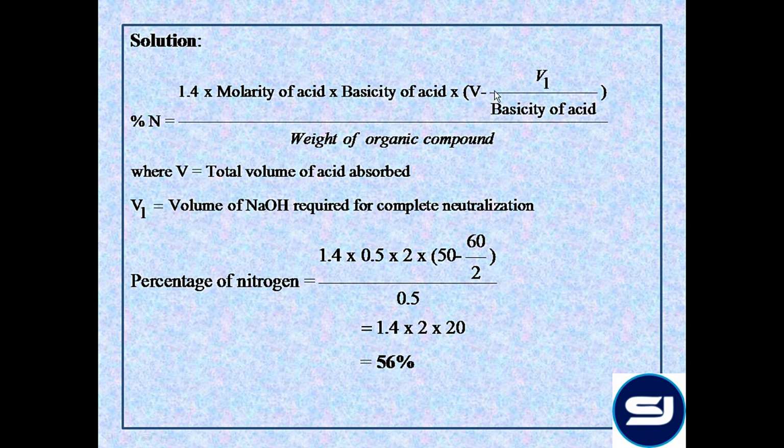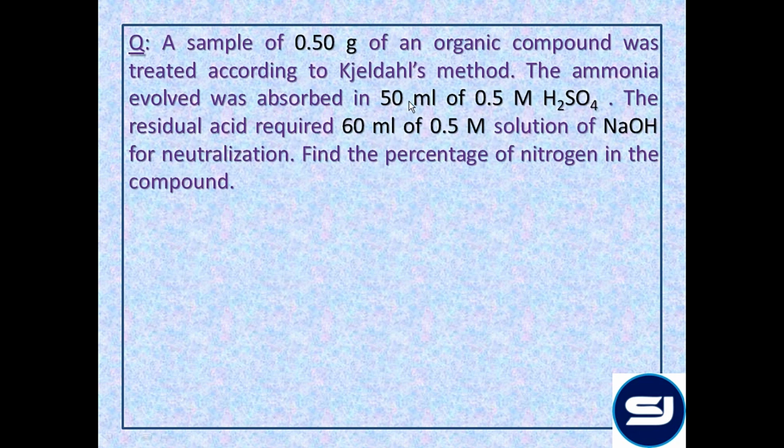So the difference V minus V1 upon basicity of acid gives the volume of acid equivalent to the ammonia which is evolved, which in turn is equivalent to the volume of the acid which is used in the neutralization process. So finally the molarity of acid into basicity of acid into the actual volume used by ammonia would give the milliequivalents of the acid.